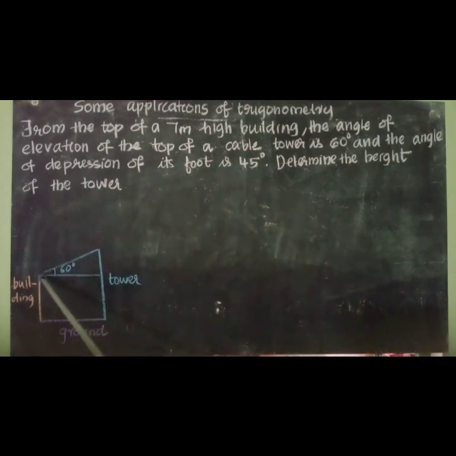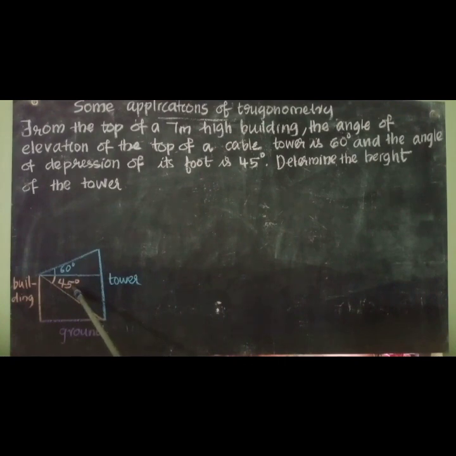So, the person is here, he is looking down to the foot of the tower. Let us draw it. So, we have drawn it. This is the line of sight and this one is the horizontal line. And here is the angle of depression.